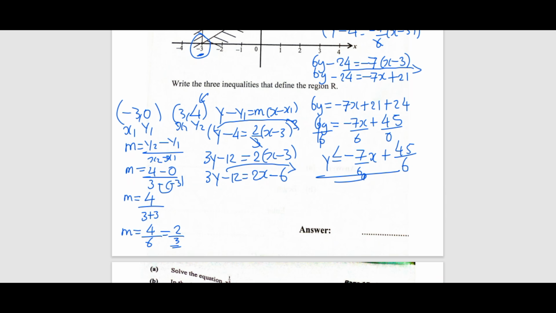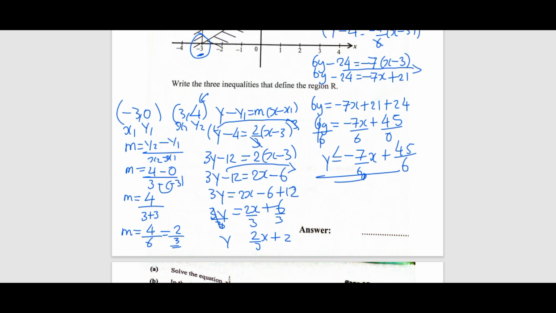So we shift this number. We have 3y is equal to 2x minus 6 plus 12. So 3y is equal to 2x plus 6, over 3, over 3, over 3. So y is 2 over 3 x plus 2.